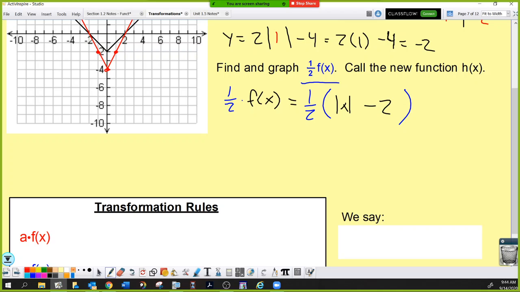And yes, you have to distribute it to both places, both in front of the absolute value bars and to the -2 at the end. We'll call this one h.